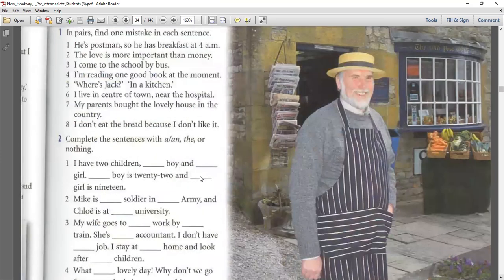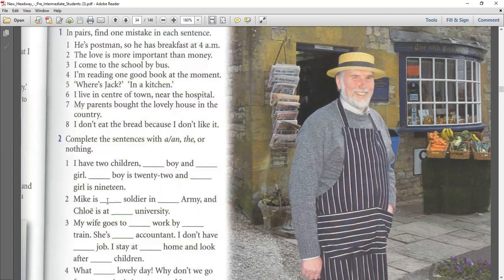I will do exercise number 2, and after that I will do exercise number 1. We will complete the sentences with a or an, the, or nothing. I have 2 children, a boy and a girl. The boy is 22 and the girl is 19.